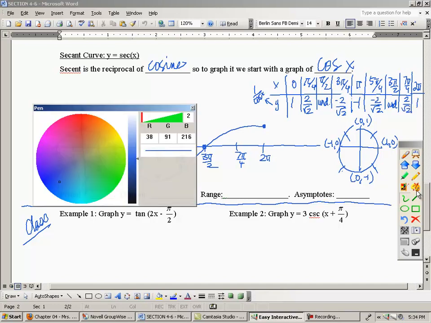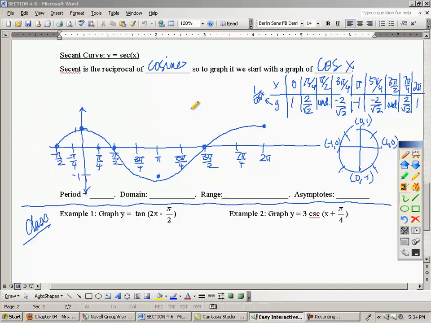Now I'm going to grab a different color, and let's actually put this together, shall we? At 0, you get 1. And again, 2 over the square root of 2 is actually bigger, so that moves up. I have an asymptote at pi over 2. You know what, I better put my asymptotes in first. At 3 pi over 2, I also have an asymptote.